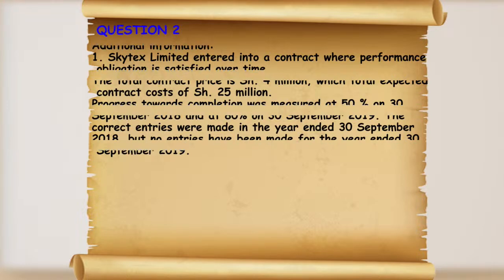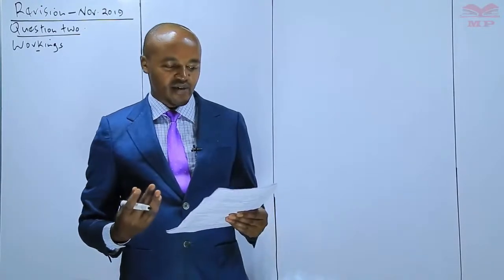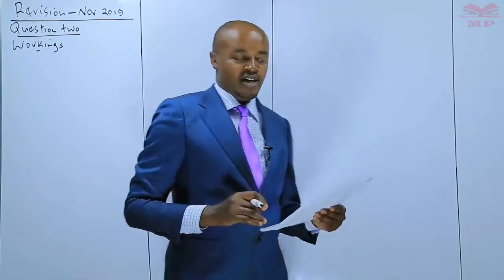Now, what we need to do in respect to this particular point number 1, the contract entered with the customer, is basically to determine the amount of revenue which was supposed to be recognized in the current financial year, and also the cost which was supposed to be recognized in the current financial year in accordance with IFRS 15.